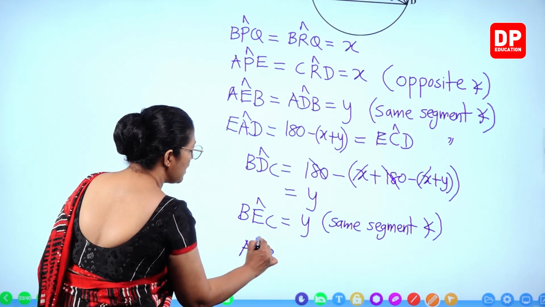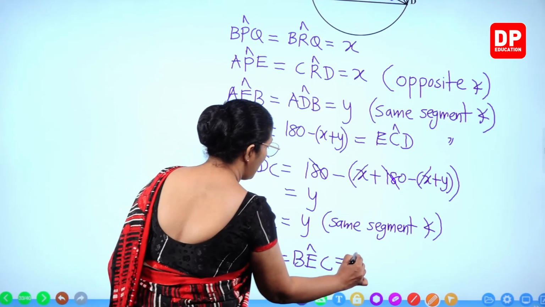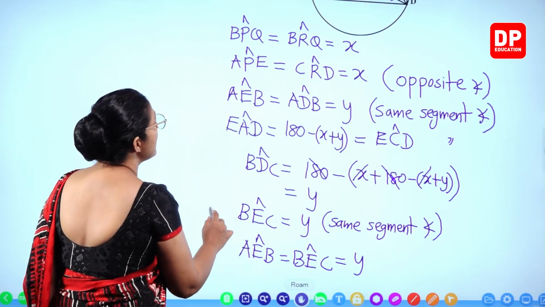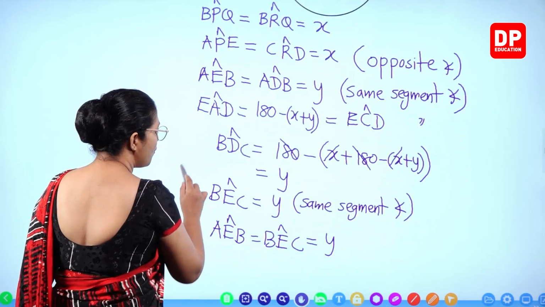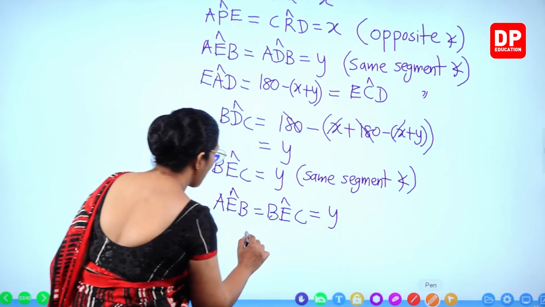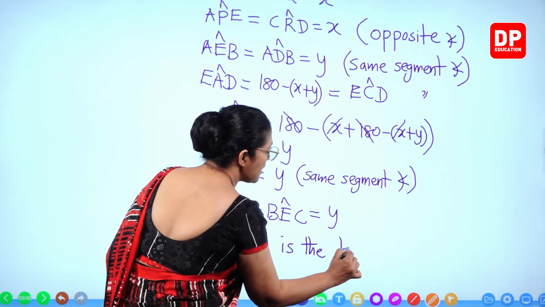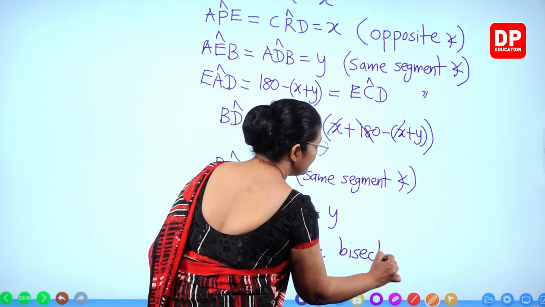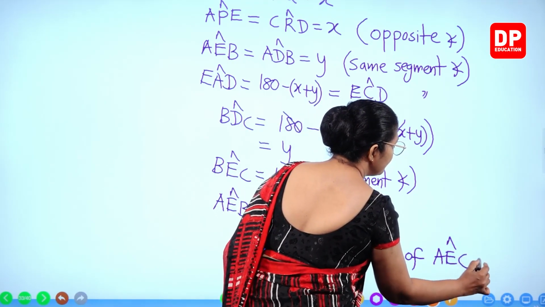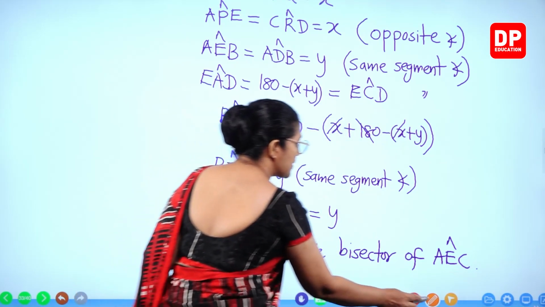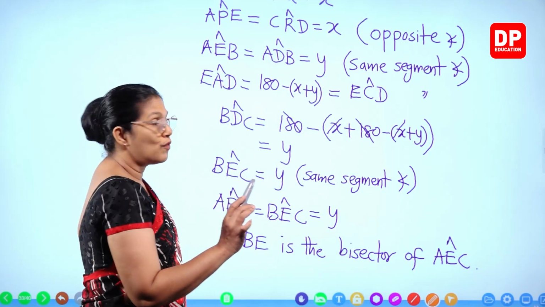AEB and BEC both are Y. So you can say BE is the bisector of AEC angle. So that's the proof. So you have to write all these steps to get full marks.